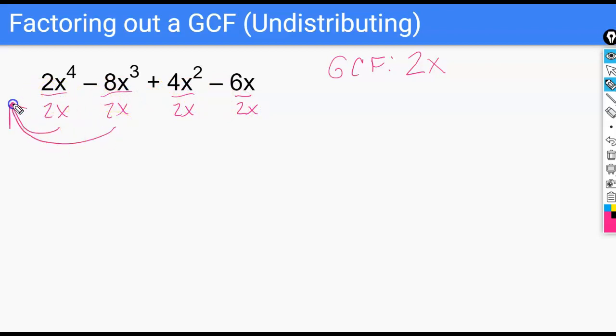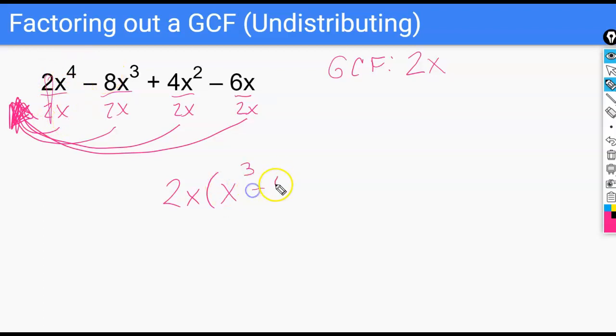back to the front. So we're going to undistribute it, factor out the 2x, and move it back up to the front. So now we're going to have a 2x at the front of our parenthesis, and 2 divided by 2 just cancels. X to the fourth divided by x to the first is going to be x to the third.